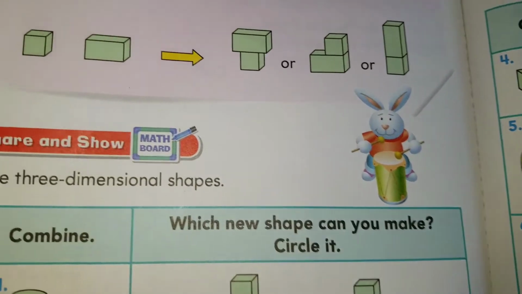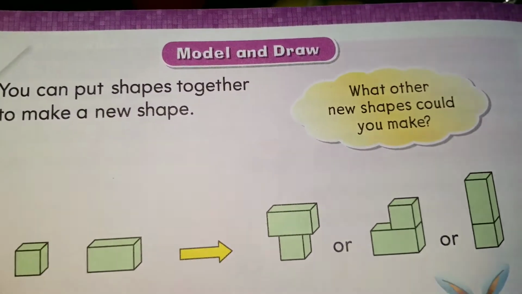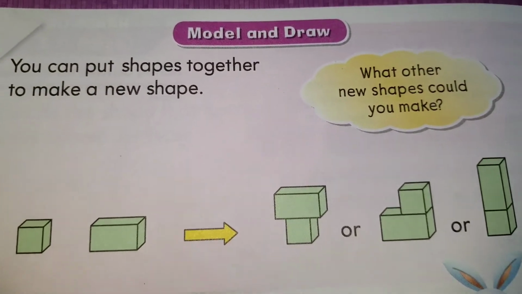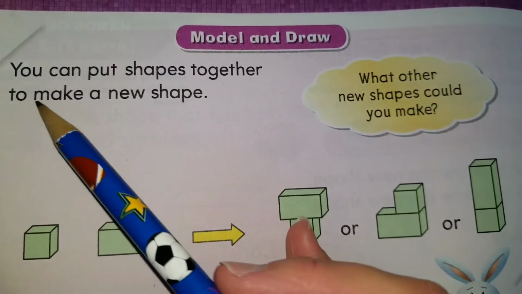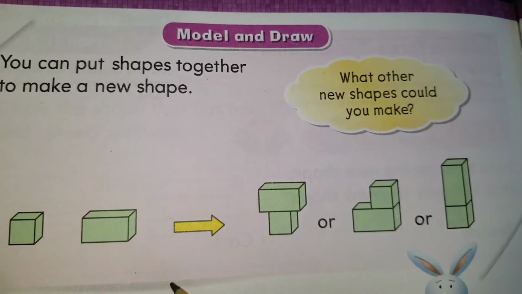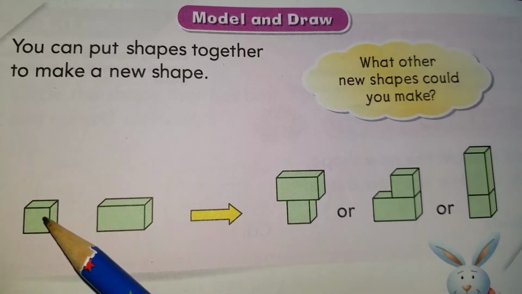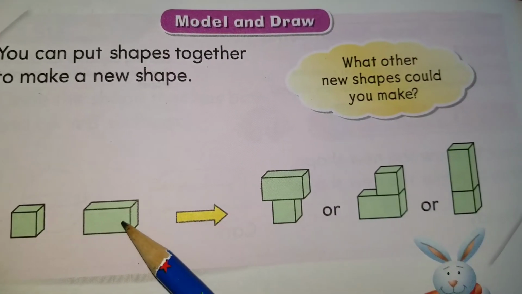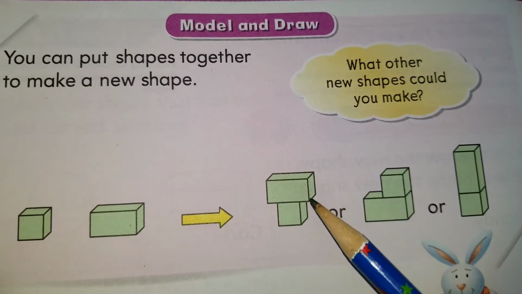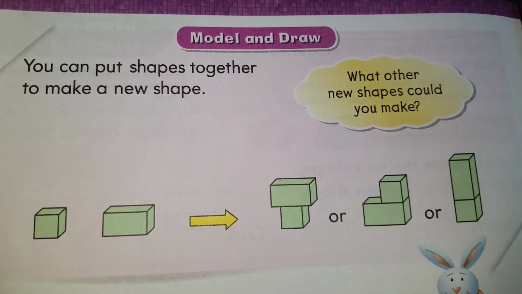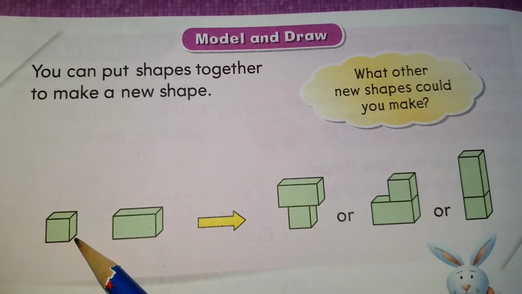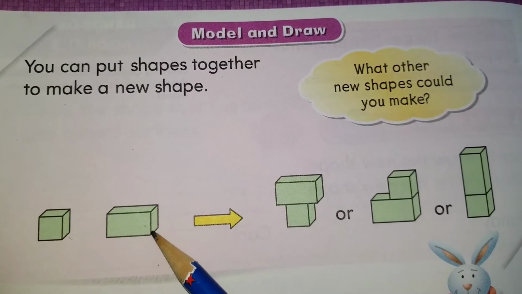Alright, so we're gonna move on to our next page. Let's see if we can also move our book over here. And you have an example at the top of the page, boys and girls. It says you can put shapes together to make a new shape. How can you do that? Well, let's take a look at it. If you got a cube and a rectangular prism, these are some of the ways in which you can combine them.